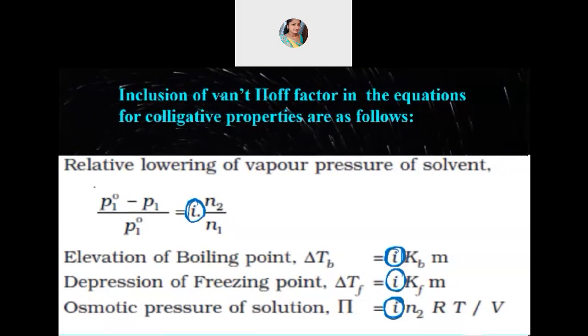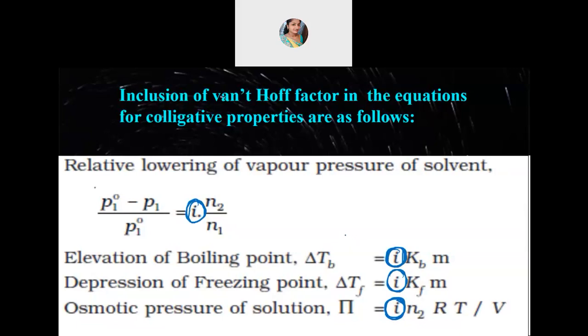So you need to multiply this. So at the end, you can just write down this: with the inclusion of the Van 't Hoff factor, the following equations can be written in this way. You just add the i factor and then write it down. Extra i you have to add and then write. That's it. The formulas are the same, only the i factor is added extra.